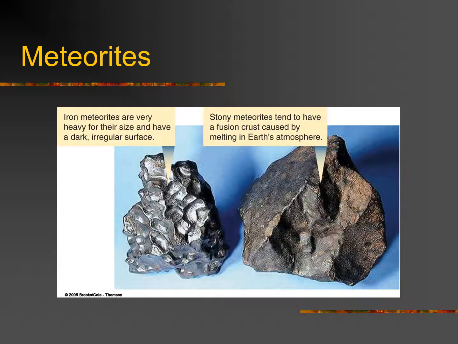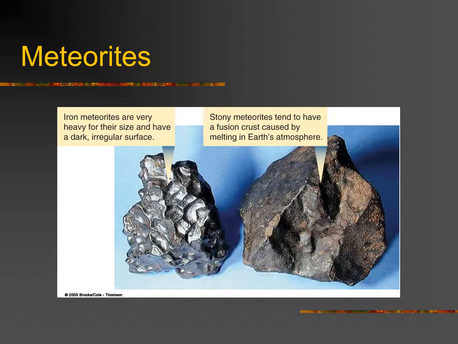Okay, so here in this picture, you can see the difference. If you look at the meteorite on the left, that's an iron meteorite. It's very heavy for its size, and it has a dark, irregular surface that's also shiny or metallic. The stony meteorites, though, tend to have a fusion crust caused when it's entering the Earth's atmosphere.